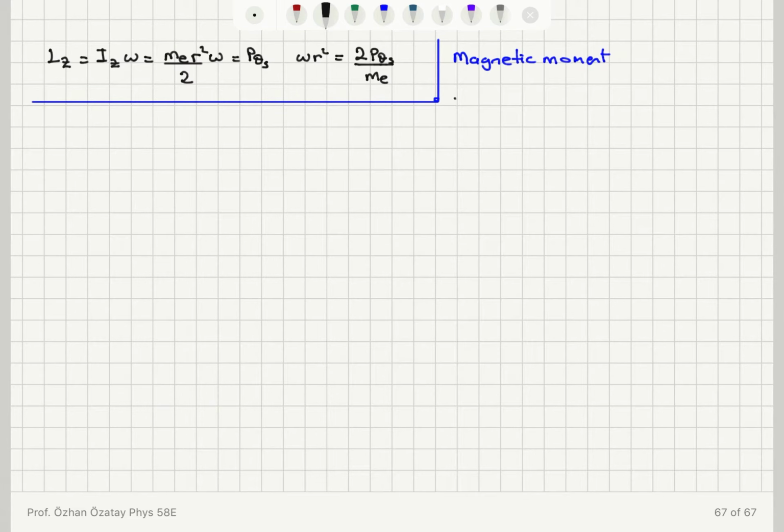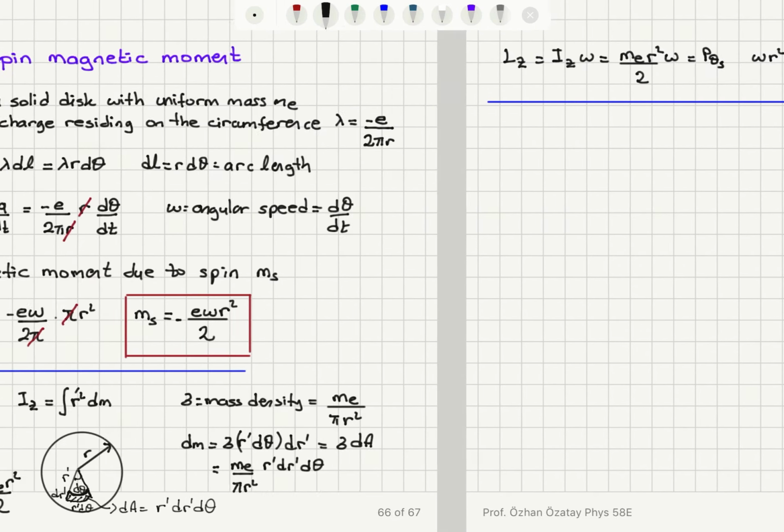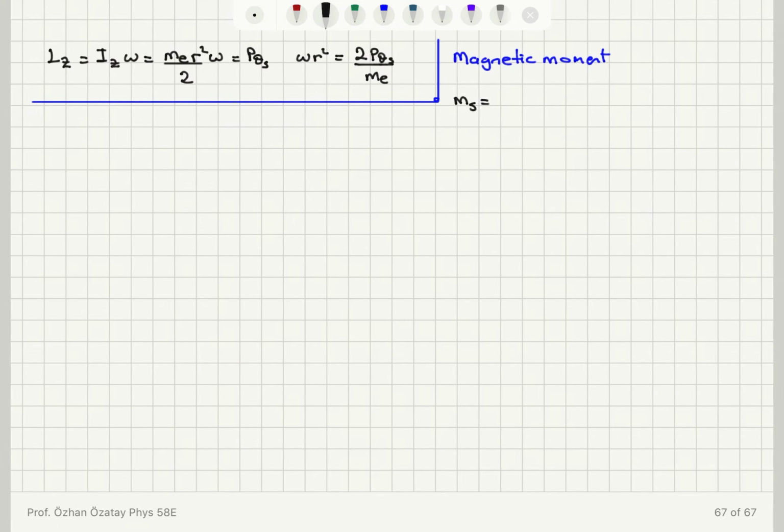We have found that the magnetic moment due to spin was given by minus e omega r squared divided by 2. For omega r squared I can substitute 2 times the angular momentum divided by the mass of the electron.